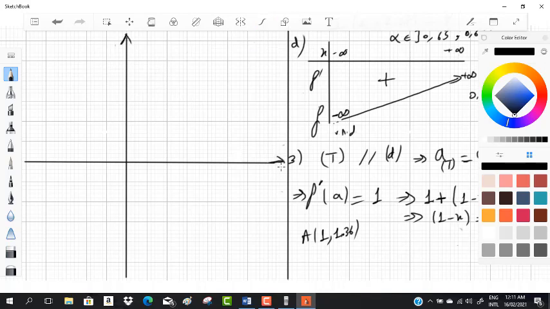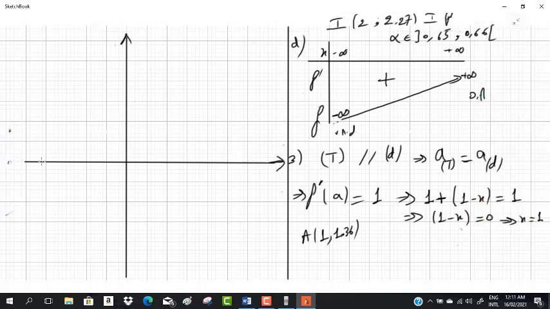Then I have to draw the second step, the asymptotes, with y equal x as the oblique asymptote.